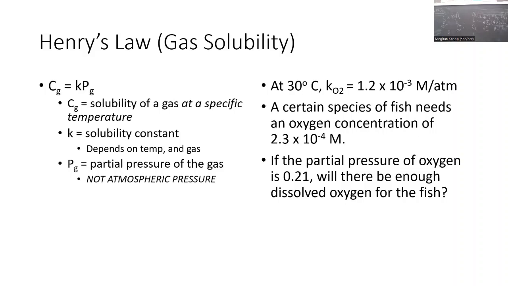It's really closer to 78% if I have completely dry air, with no evaporated water in it. And for the oxygen, it's closer to 21%. So let's assume we have dry air and we have 21% oxygen. Is this going to be enough oxygen for the fish to remain healthy?